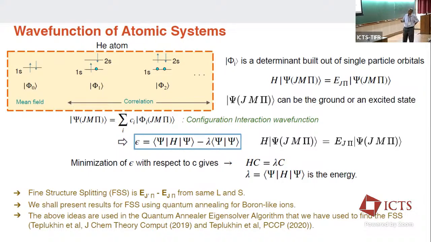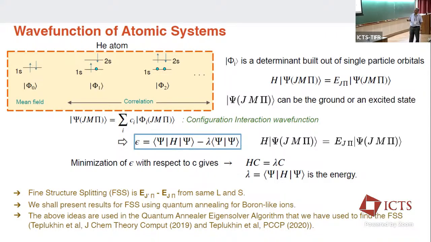Now, just to give you a very brief example, suppose you have the helium atom, the simplest many electron atom. So in the mean field, we consider 2 electrons. So each electron is moving in the potential of other electrons. But then when they start interacting, if you take the interaction between them, then the configuration can change.